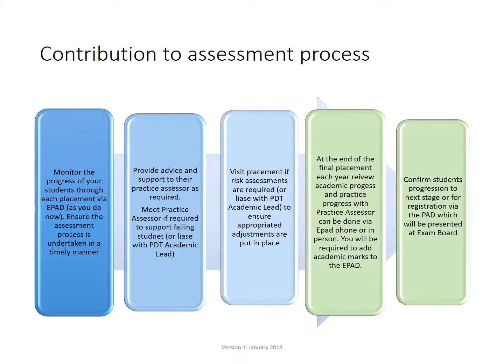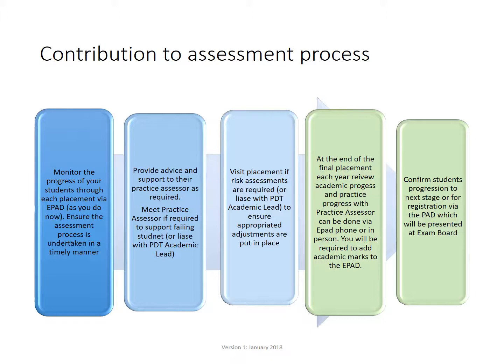At the end of the final placement in each year, you are to review the student's academic achievement and practice achievement, which can be done by ePad. If you want to speak, you can talk on the phone, you can have email, or whichever way you wish to communicate. You don't have to go and visit, but you're required to add the academic marks to the ePad, and once both of you are in agreement, again, we will have this communication through the ePad.